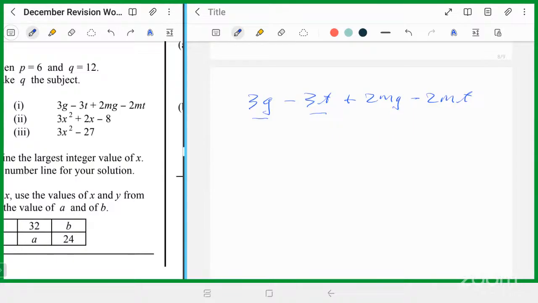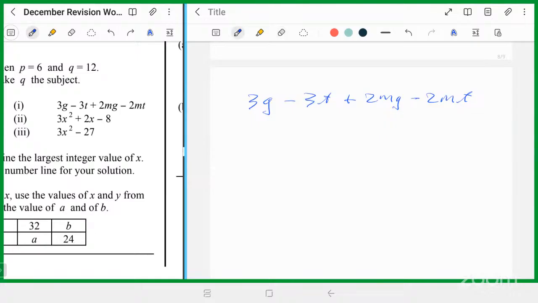If I factorize the 3, I'm going to have a g and then a t. So you'll then look over here and see the g and the t are in that same order, g and then t, which they are. Because they are in the same order as the first two terms, there's no need to rearrange the values.